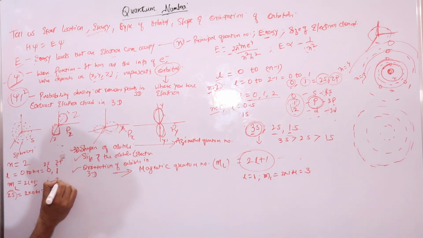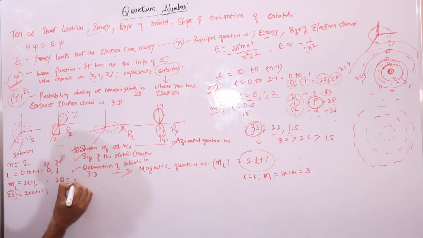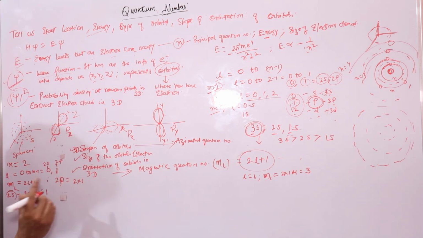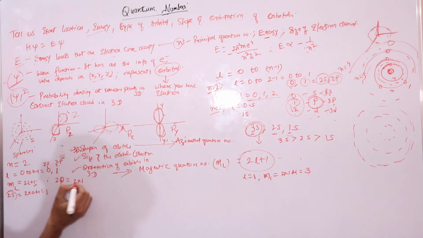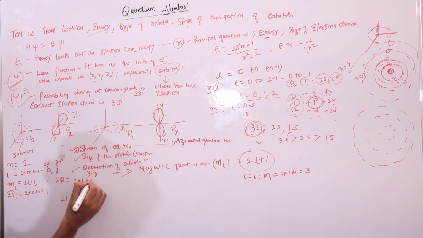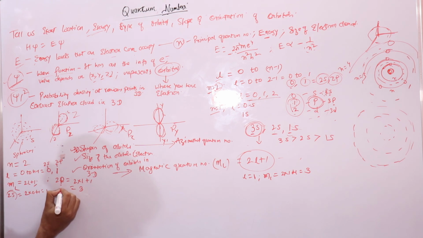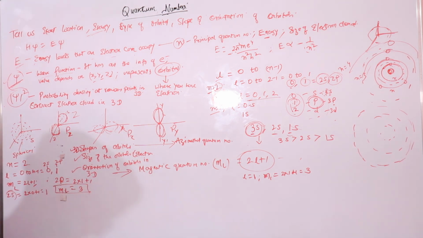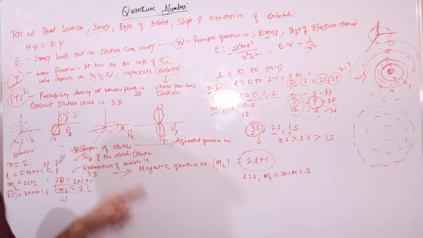Similarly, for 2p, l equals 1, so 2 into 1 plus 1 is 3. ml is 3 for the p orbital. That means the p orbital has three orientations in three dimensions.